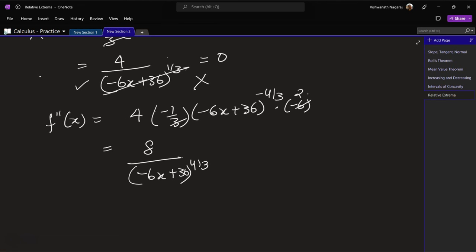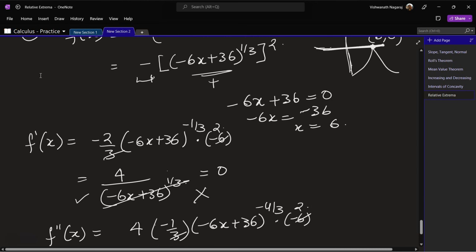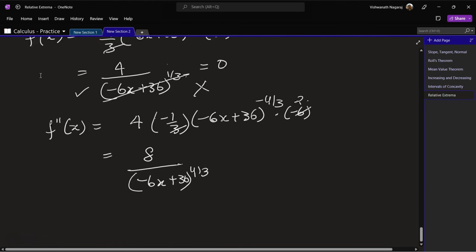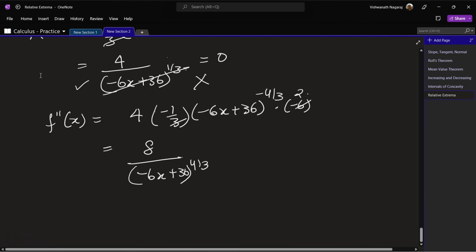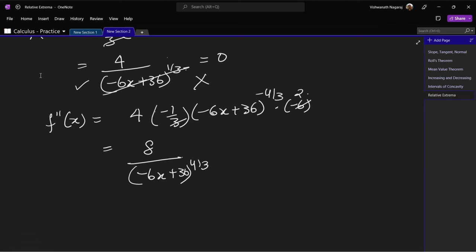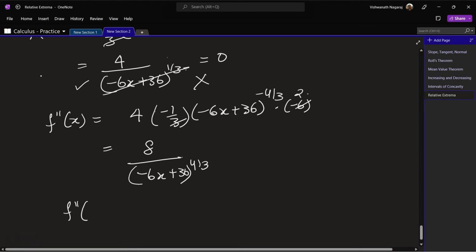Okay. Now we have this value x equal to 6. So let's see whether it confirms our idea that it is going to be the maximum. So what happens? f double prime of 6 will give us 8 by minus 36 plus 36 to the power of 4 by 3.